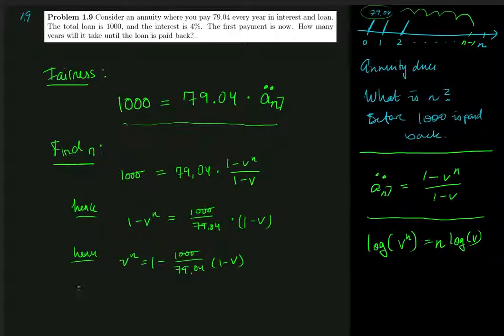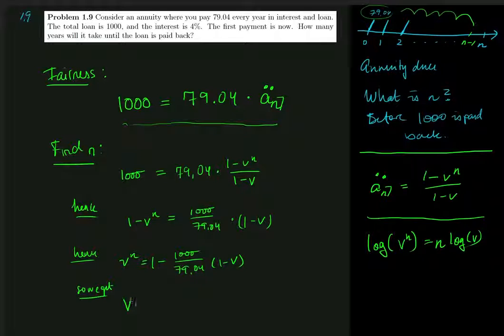So, by isolating n, we take log on both sides, and then we get n log v on this side, and the log of this on this side, and then we just divide by log v.